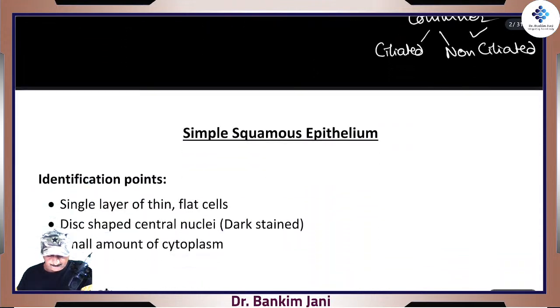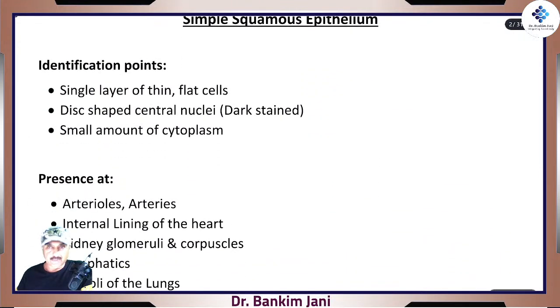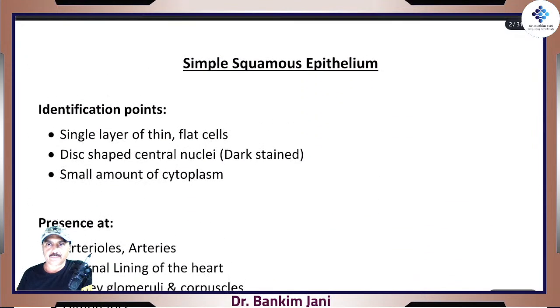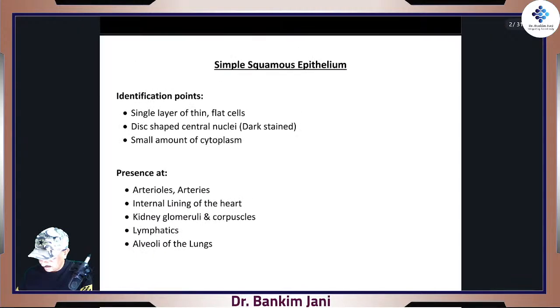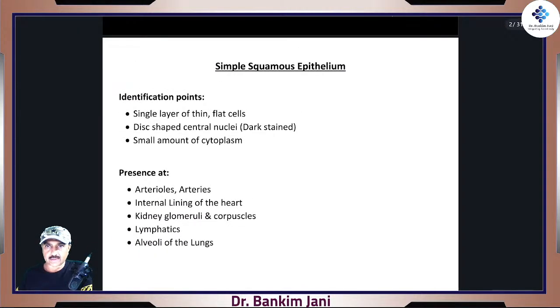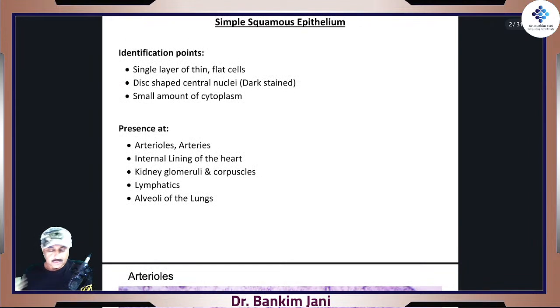See, we start with simple squamous epithelium, right? So in this, these will be the identification points. Okay, I think this seems okay. So here it is. It's a single layer of thin flat cells, right?